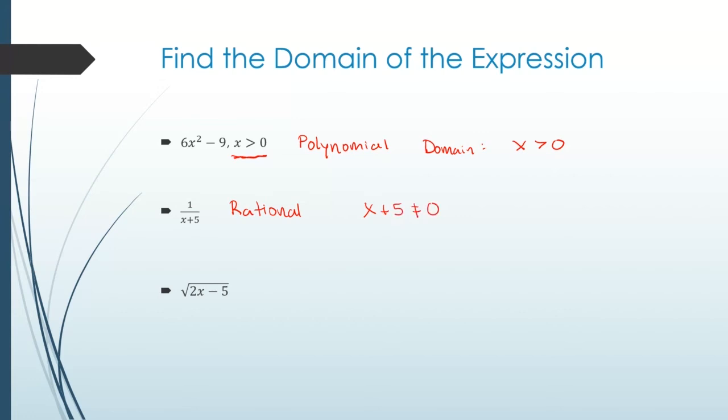And so you ask yourself, what number will make that 0? If x is -5, we'd have -5 plus 5, which would be 0. So x cannot equal -5 because that will make it 0, and it's not allowed to be 0. So our domain is basically all numbers except -5.